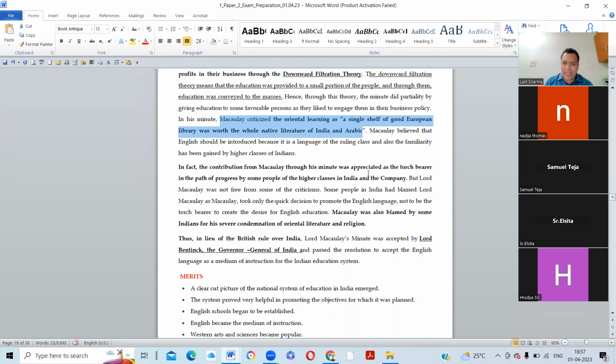Even the Macaulay minute was criticized. He criticized Oriental learning, guys, Indian learning, our education.